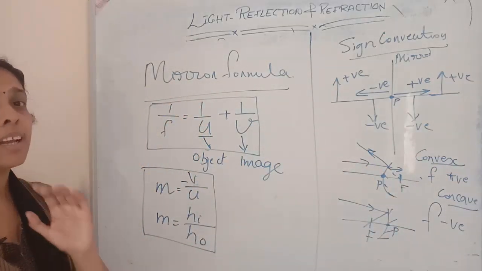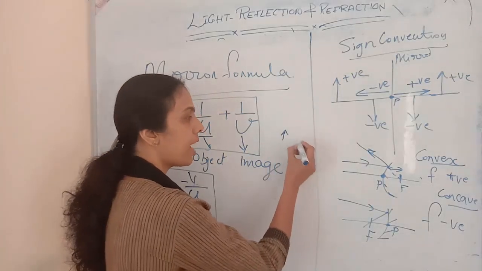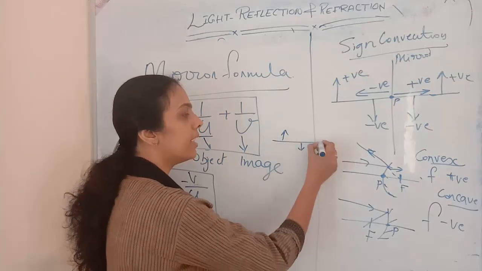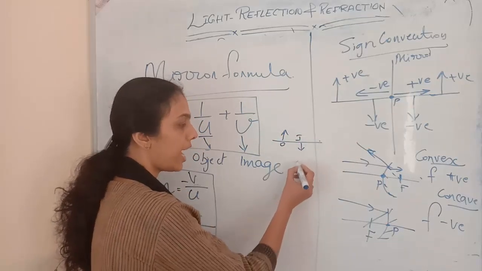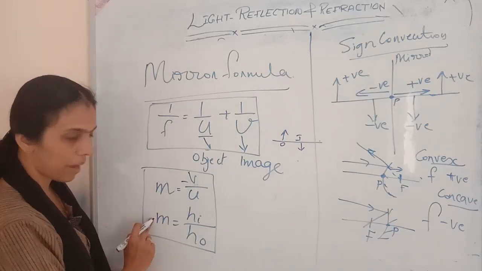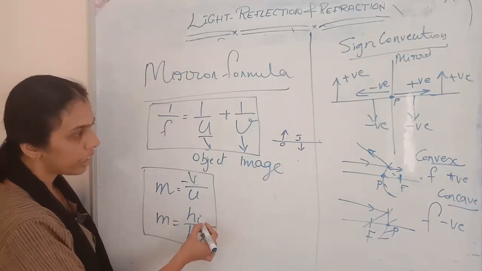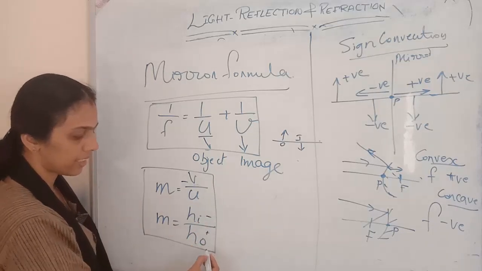The same way for real and virtual images. The object is like this and you will get a real image like this. Hi by Ho is the formula for magnification, isn't it? So if you are getting an inverted image, this is negative and this is positive.